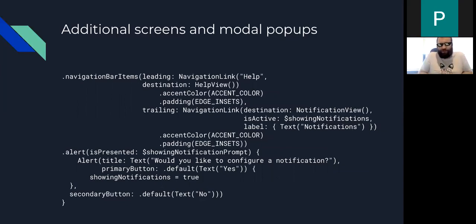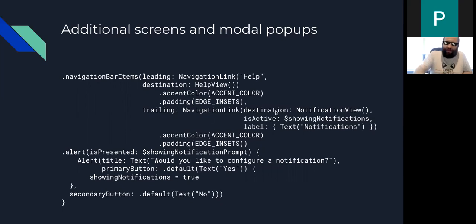You use the navigation link class, where you provide it with a destination as well as a label. You can also link it to a state Boolean variable, which will enable and disable the button for you.